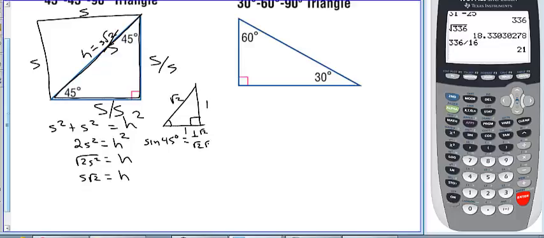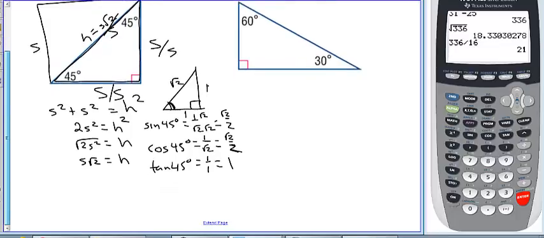Multiply the top and bottom by square root of 2 and we get square root of 2 over 2. The cosine of 45 degrees is adjacent over hypotenuse, and that's also square root of 2 over 2. And how about the tangent of 45 degrees? If we pick this angle here, opposite over adjacent is 1 over 1, which is 1.